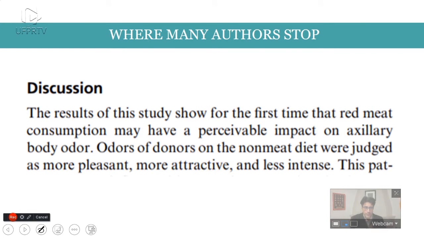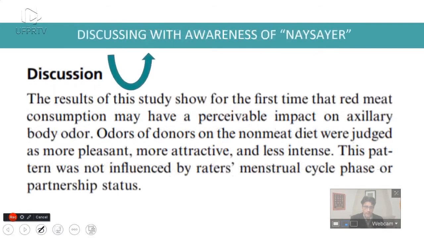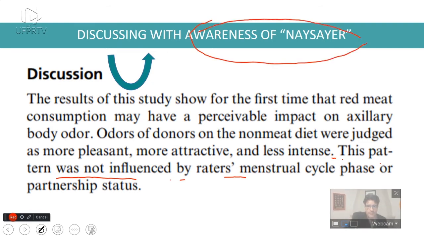But they don't stop here, these authors, they continue. They add this last sentence to show, hey, we controlled for these variables, so that's why these results mean something. So they're writing with awareness of the naysayer when they're discussing.